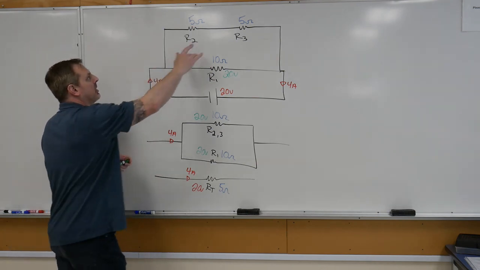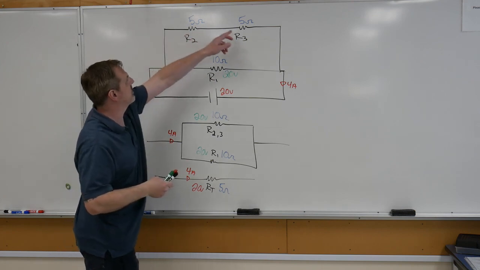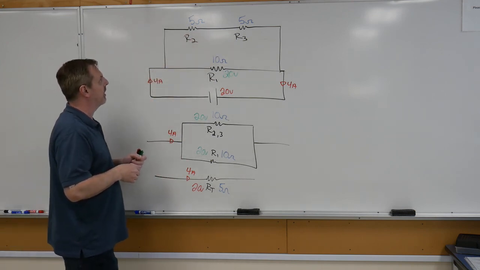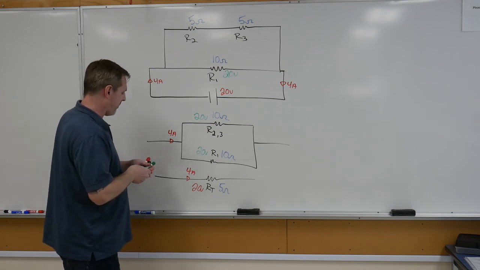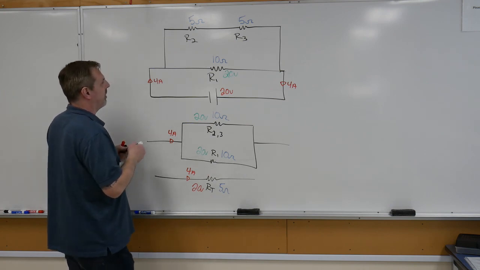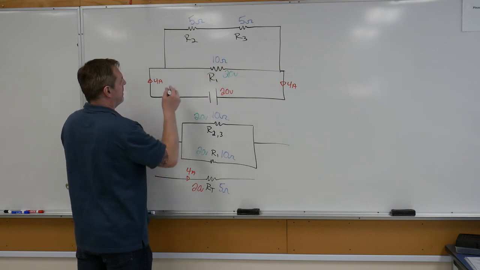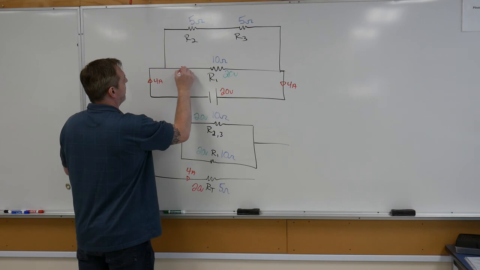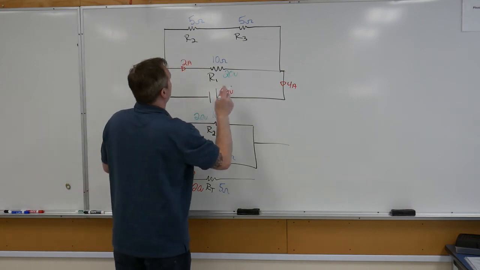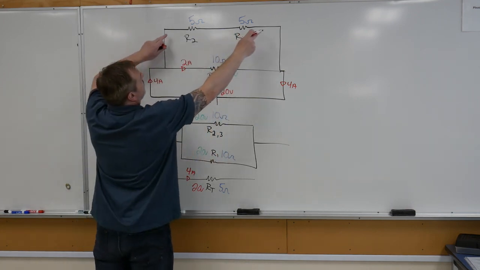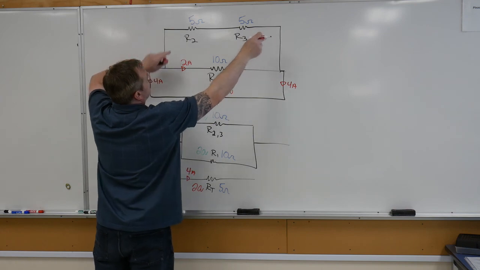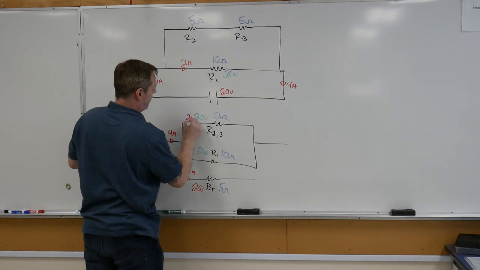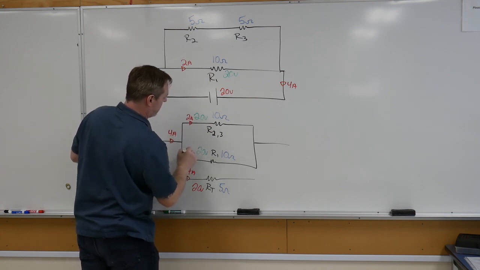How much is each of these guys? Well, I know that they're equal resistances, so we could say 10 and 10, but let's prove it with math, okay? Let's go with our 20 divided by 10 to give me 2 amps of current flowing here, okay? And then we've got 20 volts across here, divided by 10 ohms in total, giving us 2 amps as well, okay?